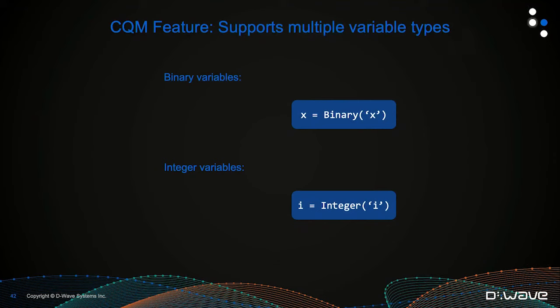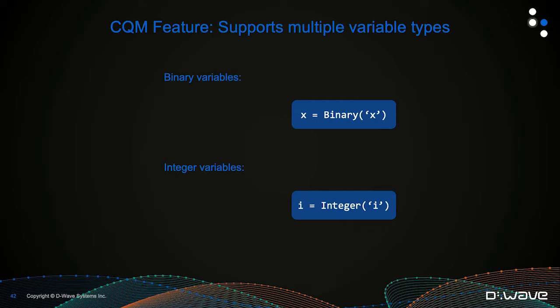All right, before we dive into the example, I want to talk about some of these features in a little bit more detail because they're really foundational to using the CQM solver. I mentioned a few times now that we support binary and integer variables. We now have to define these binary or integer variables explicitly, either by adding the variables to the model, as Victoria demonstrated with the BQM, or by using these new objects in Ocean called binary and integer.